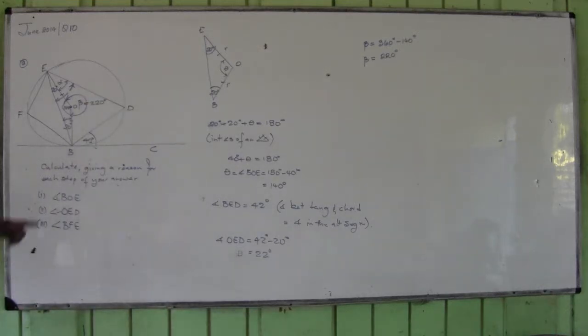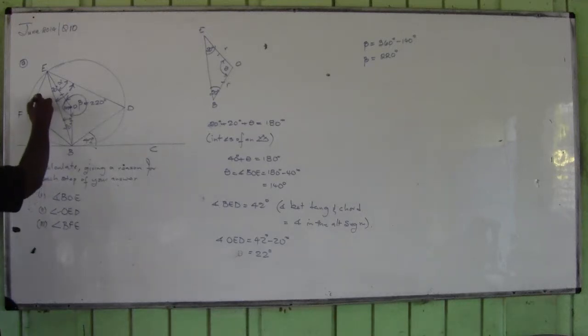Ladies and gentlemen, you see this angle here? It's called angle at the center. And this angle here is called angle at the circumference. The angle at the center is 2 times the angle at the circumference. This is the one they want us to find, the angle at the circumference.